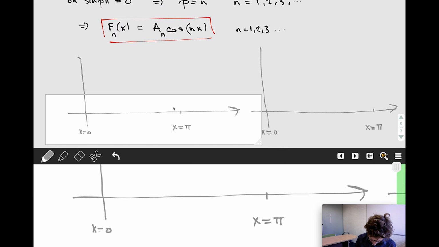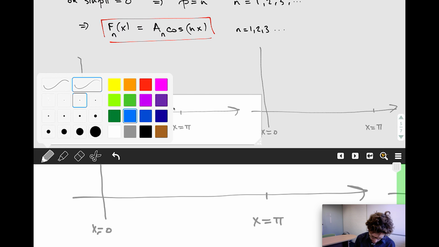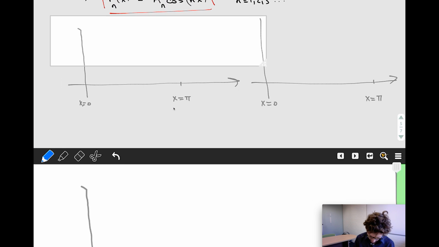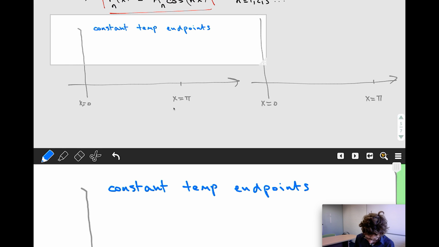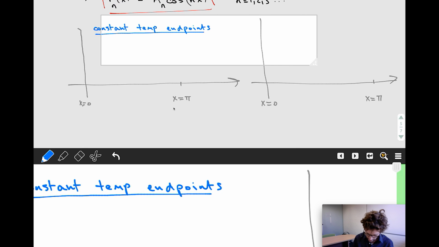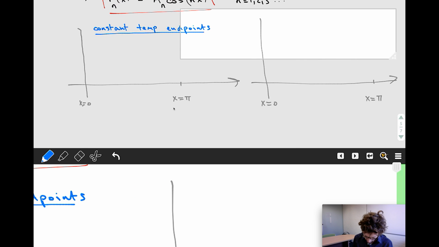And we'll show on the left-hand case what it looks like when we have constant temperature at the ends. So we'll call that constant temperature endpoints. And we'll call this insulated endpoints.